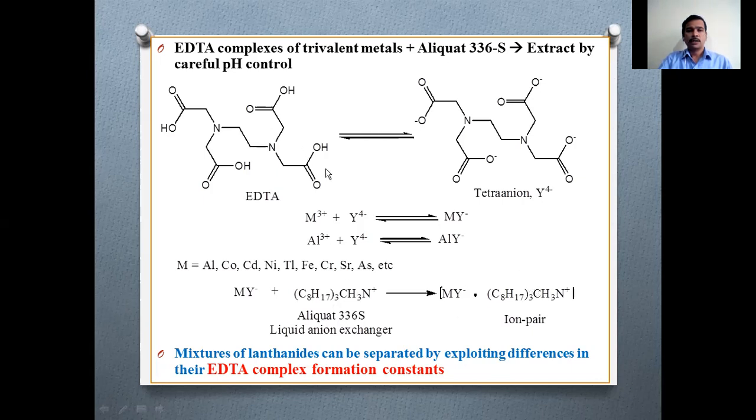So like this, these trivalent metal EDTA complexes, and the metals are aluminum, cobalt, cadmium, nickel, thallium, iron, chromium, strontium, arsenic, etc. These types of reactions are easily employed in order to convert trivalent metal EDTA complexes into ion association complexes by treating with Aliquat 336S, that is tri-n-octyl methyl ammonium chloride, where chloride will be exchanged by the trivalent metal EDTA complex because it is monovalent in nature.